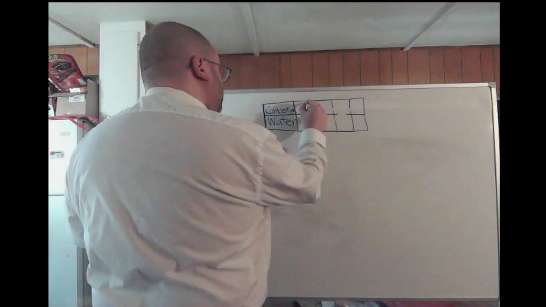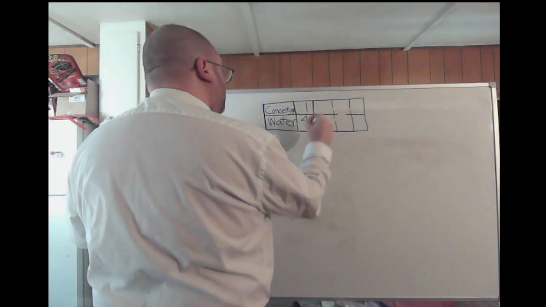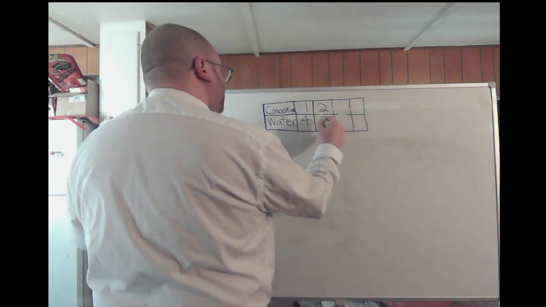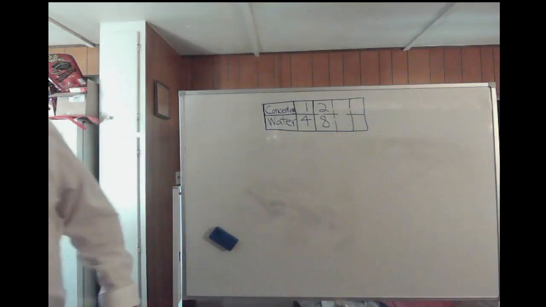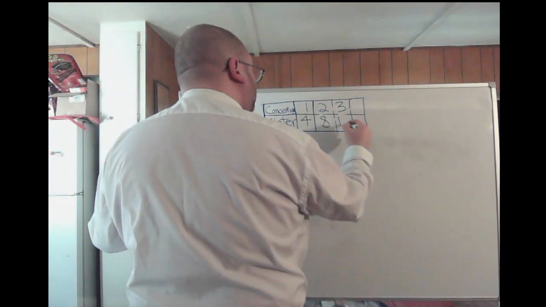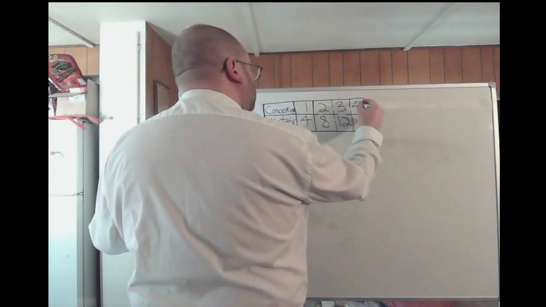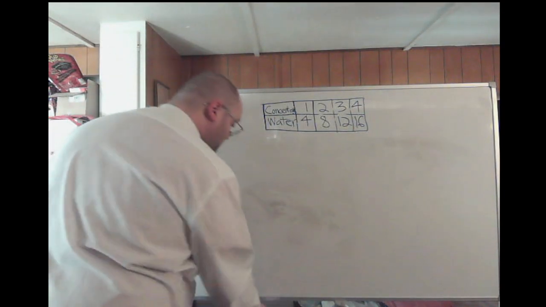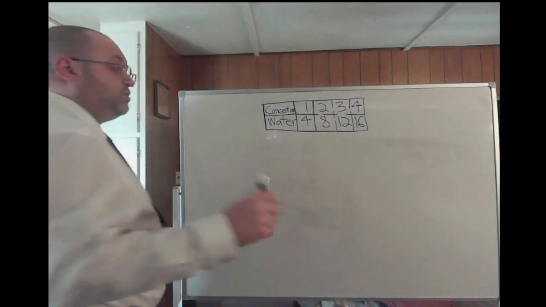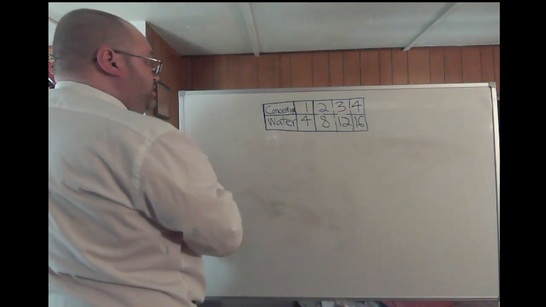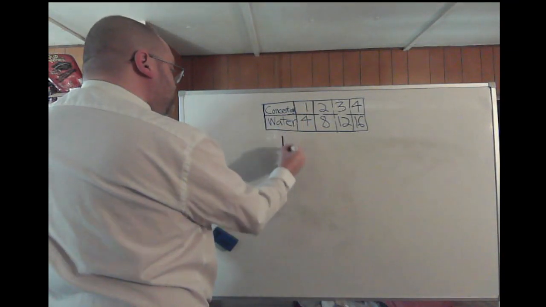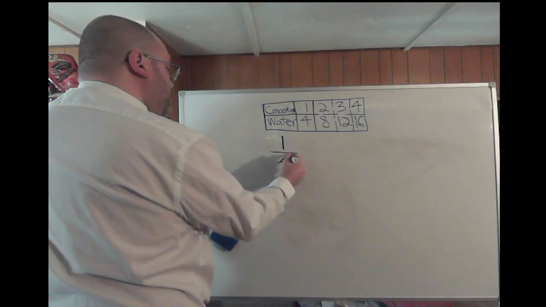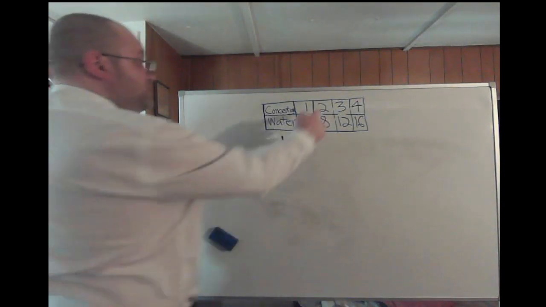So it's 1 part concentrate to 4 parts water, 2 parts concentrate to 8 parts water, 3 parts concentrate to 12 parts water, and 4 parts concentrate to 16 parts water. Okay? So you want to start with your very founding ratio of 1 part concentrate to 4 parts water.